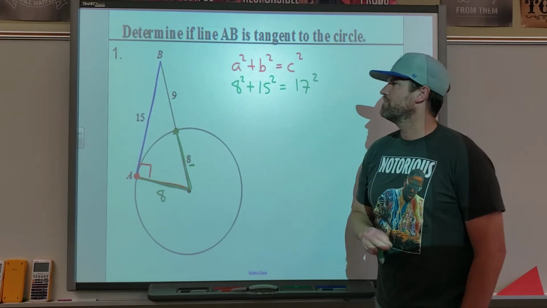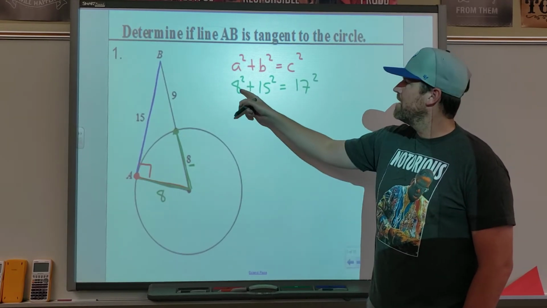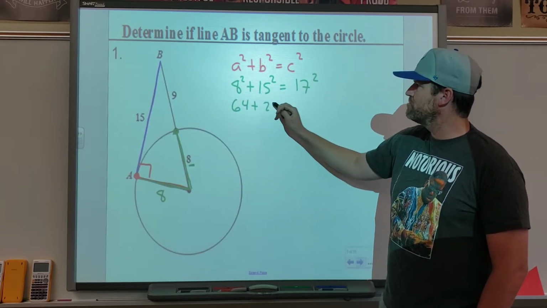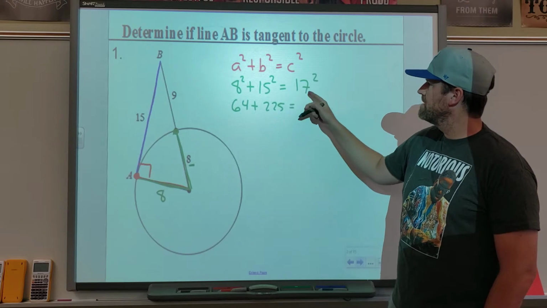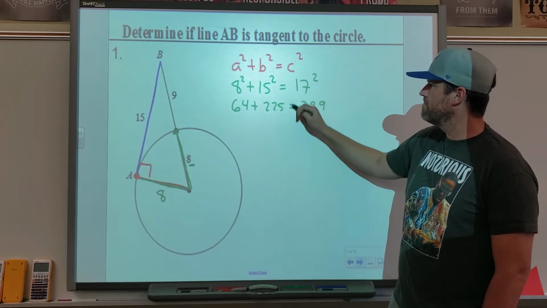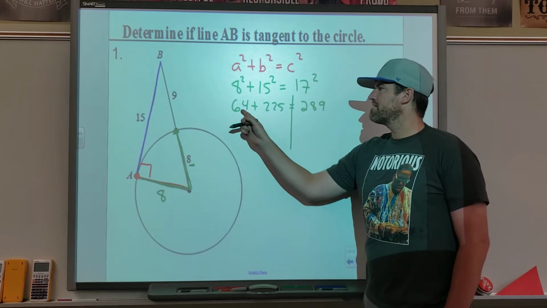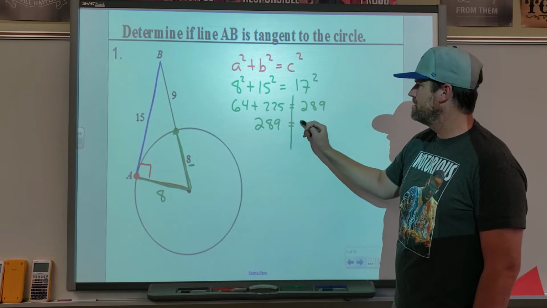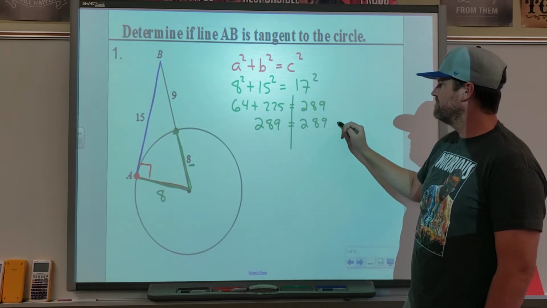And now I'm going to simplify. 8 squared is 64. 15 squared is 225. 17 squared is 289. And if I add my 64 and 225, I get 289, which equals 289.